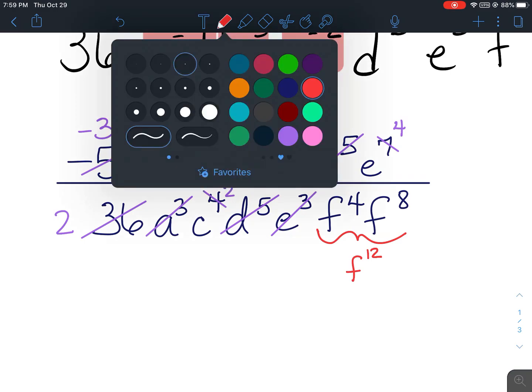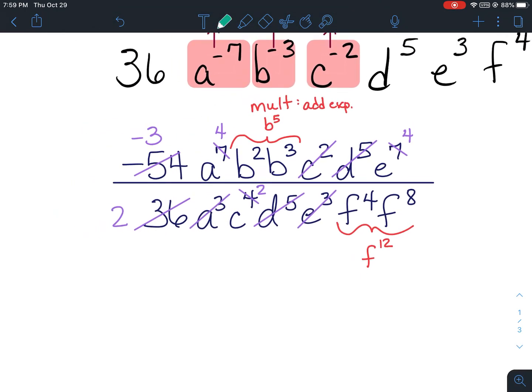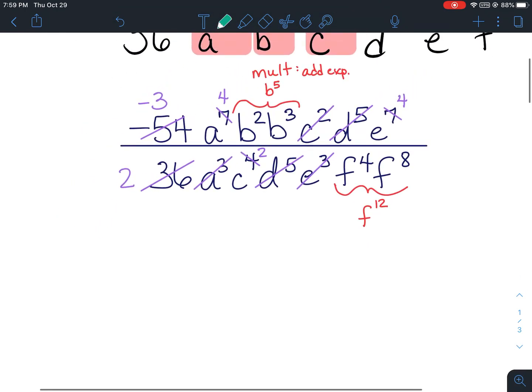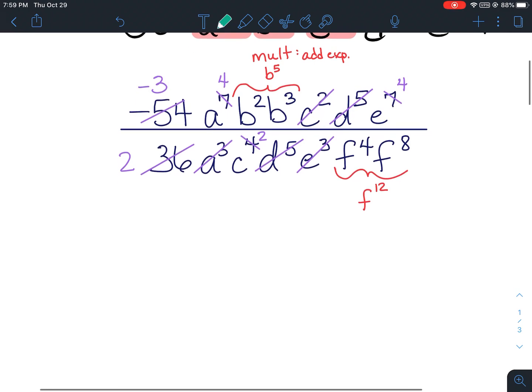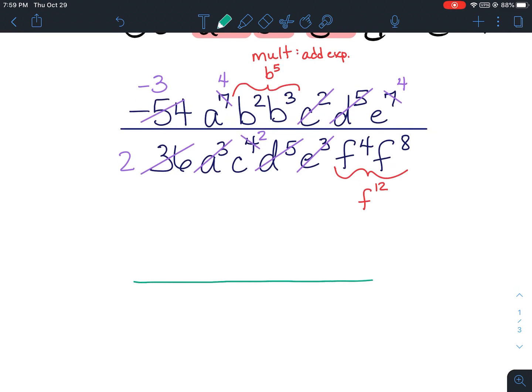Now to write my final answer, and this is where a lot of people make mistakes, so you need to be careful. Whatever is in the numerator will stay in the numerator. Whatever is in the denominator will stay in the denominator. So in the numerator, I have negative 3, so I'm going to move my negative out front. If you keep it in the numerator, that's fine. I have negative 3. I have a to the fourth, b to the fifth, and e to the fourth.